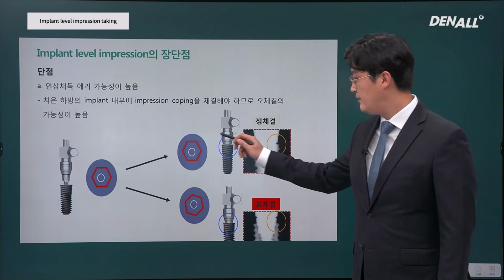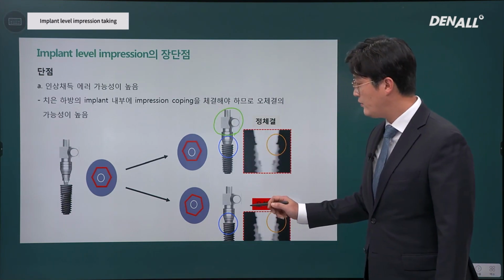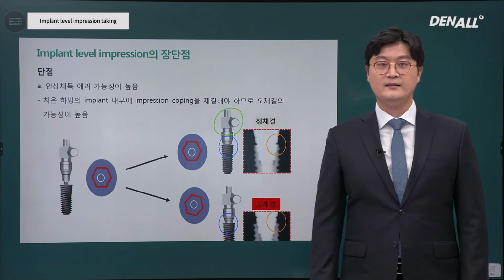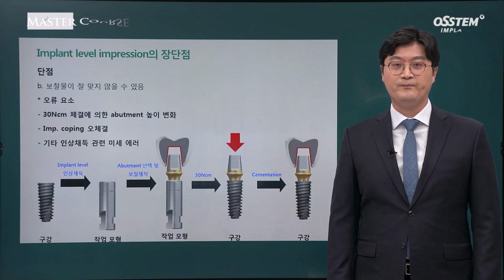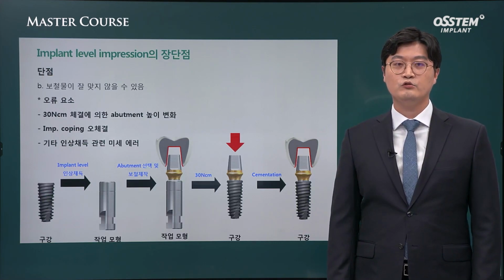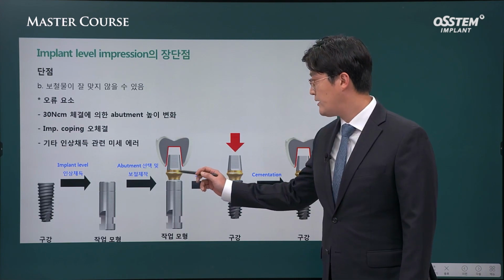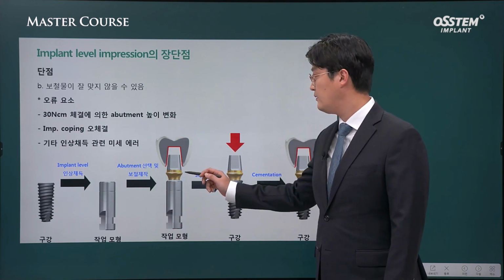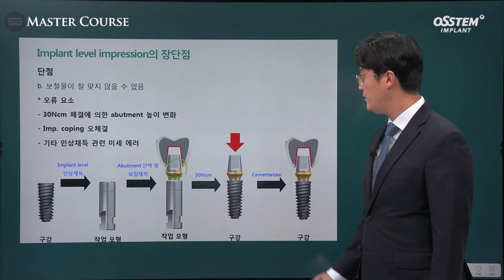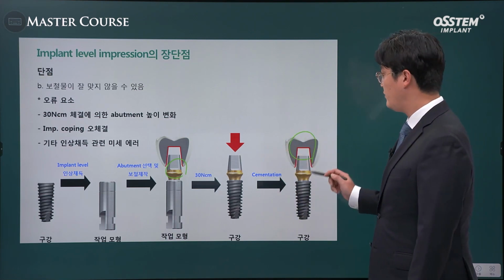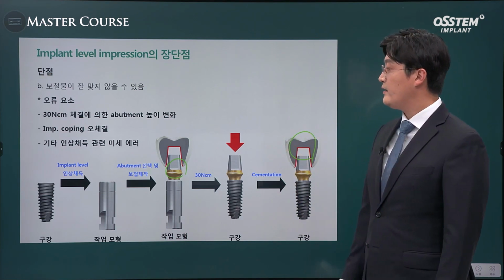Disadvantages: impression coping, whether pickup or transfer types, when not properly connected, impression taking can go wrong. Second, because of that, abutments cannot be properly connected on the model, leading to errors in the fabricated crown, so the errors will propagate.